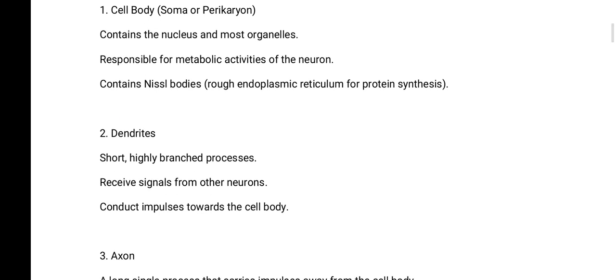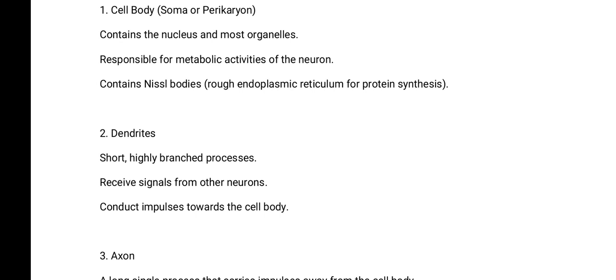Then we also have dendrites. I also mentioned dendrites. Dendrites are short and very branched processes. They're found on the cell body. If you look at a picture of a neuron, at the cell body part, you find these dendrites branching out from the cell body. They are short and highly branched processes.